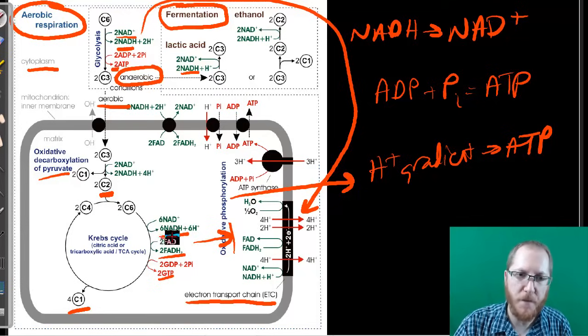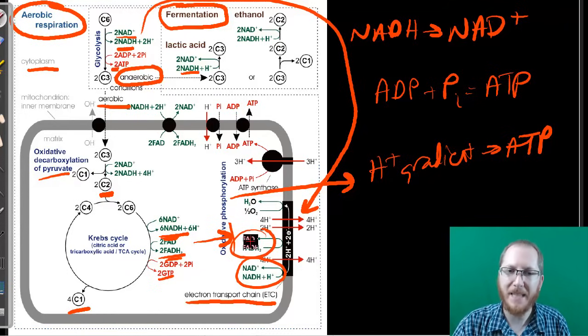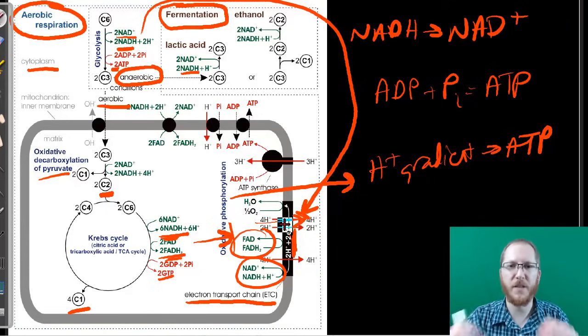So we're taking the energy from NADH, from FADH2, and by ripping those electrons off, which you can see here where the NADH goes back to NAD+, the FADH2 goes back to FAD. So by ripping those electrons off and putting them through this transport chain, it allows us to pump H pluses into what we call the intermembrane space, or essentially out of the cristae.